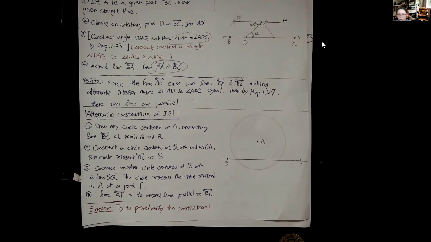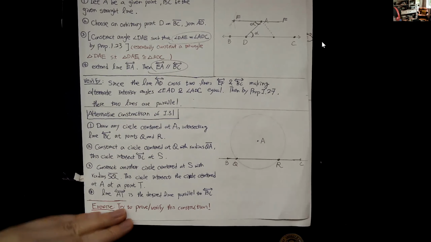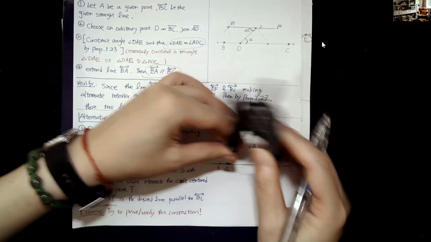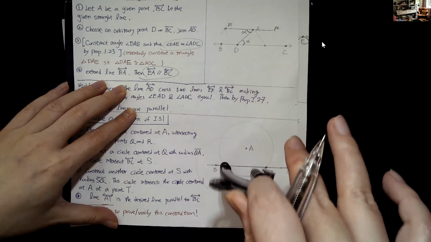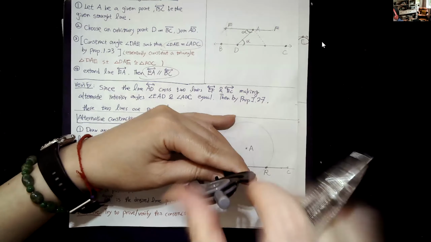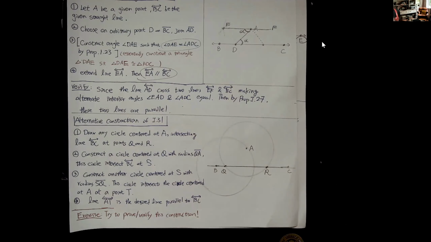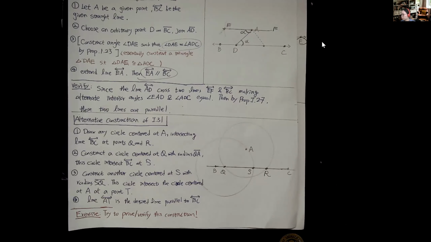Let's call these two intersection points Q and R. Now I construct another circle centered at Q with radius QA, and this intersects the line BC at S. Now do it again: draw another circle centered at S with radius SQ.